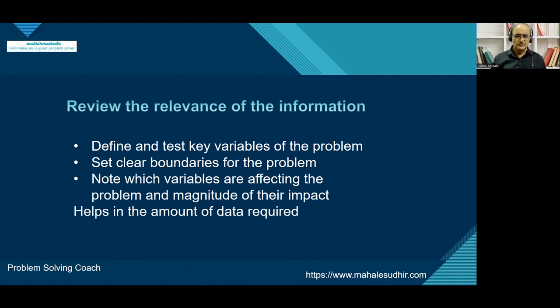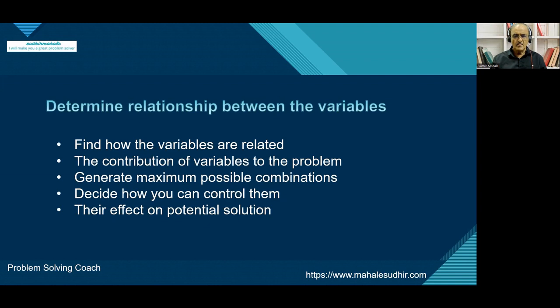Otherwise, there will be a dispute on that. And note which variables are affecting the problem and the magnitude of their impact. This will help you find out the amount of data required. And then you have to see the relationship between the variables, that is each variable on other variables, and each variable to the problem.